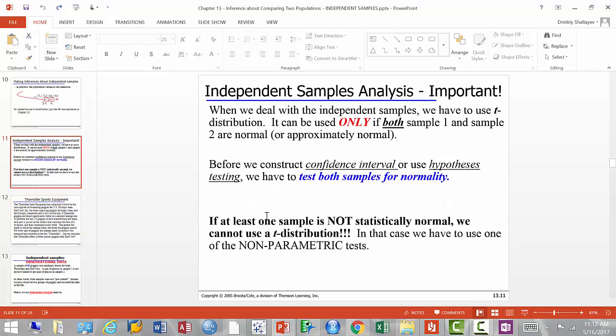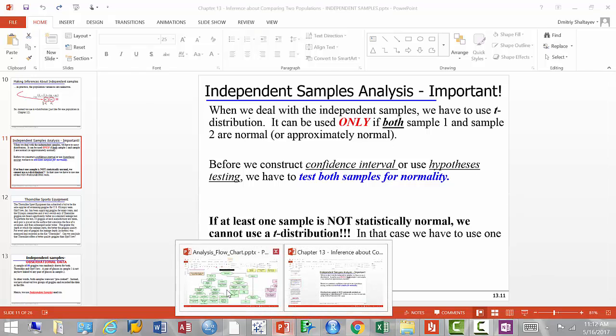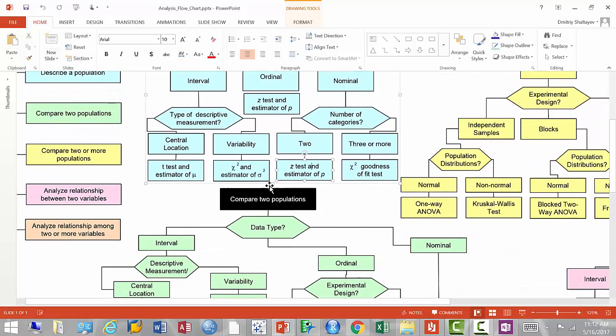One important thing to remember is I can use t-test for testing difference between 2 samples only if my sample 1 is normally distributed and sample 2 is normally distributed. And you can actually see that in the flow chart. So let's go back to the flow chart. Look at that. If I'm dealing with 2 populations, data type is numerical, interval.